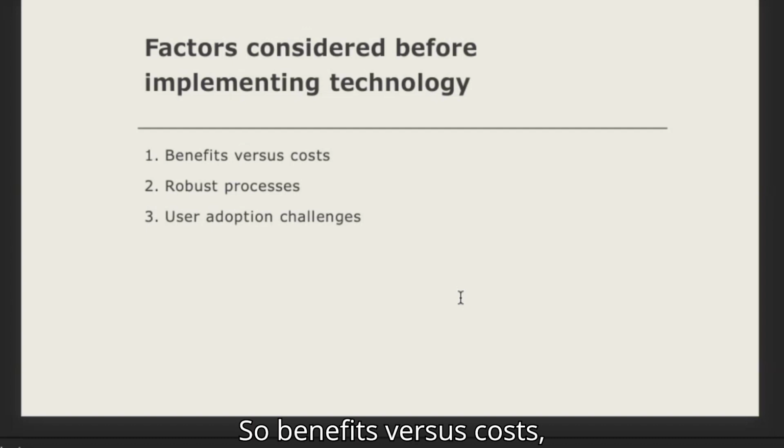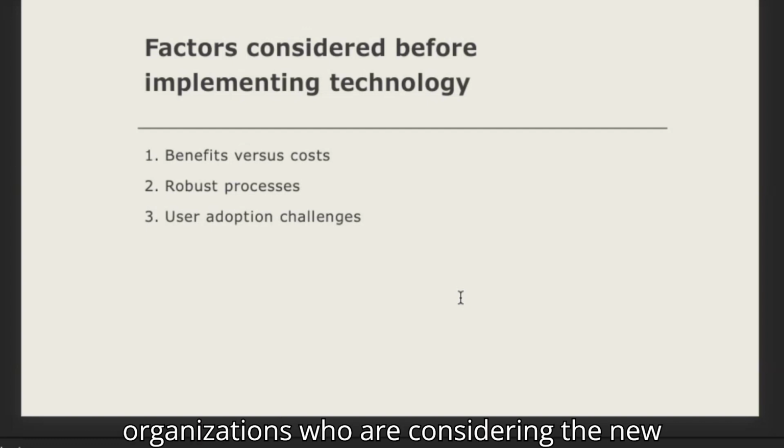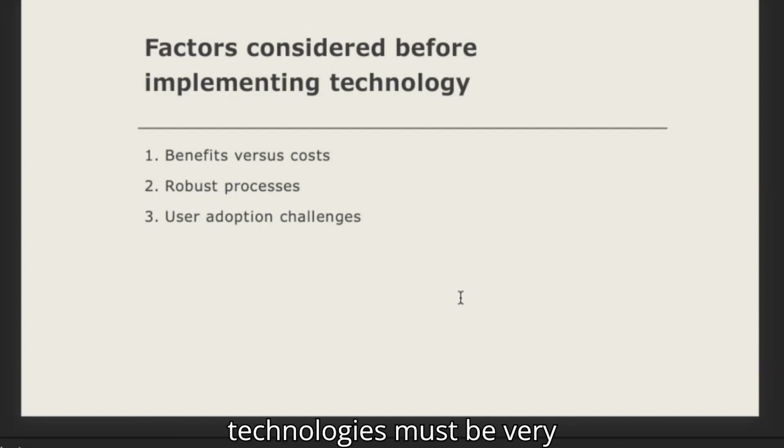So benefits versus costs. The enterprises or the organizations who are considering the new technologies must be very clear as to the benefit and let that benefit drive the prioritization process versus weighing the projects by cost or complexity.